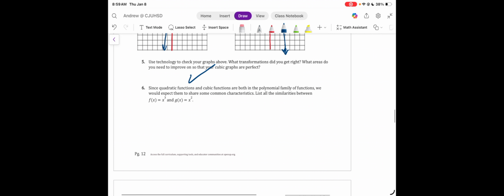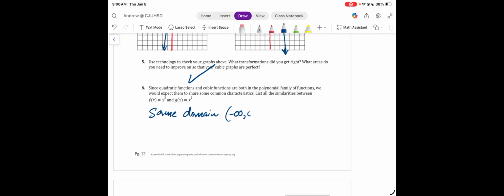6, since quadratic and cubic functions are both in the polynomial family, we would expect them to share some common characteristics. What will be those common characteristics? Okay, so they got the same domain, which is everything, right?